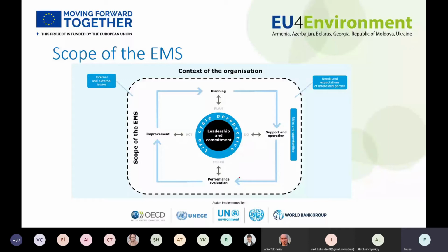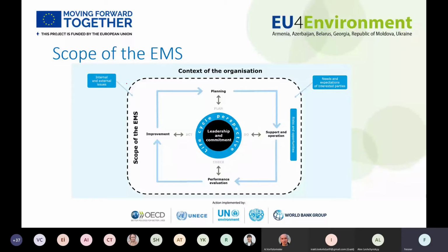Now, if we look at the graph here, we have in the center this plan, do, check, act cycle. And what this graph wants to show is that the organization always acts within a context of interested parties.